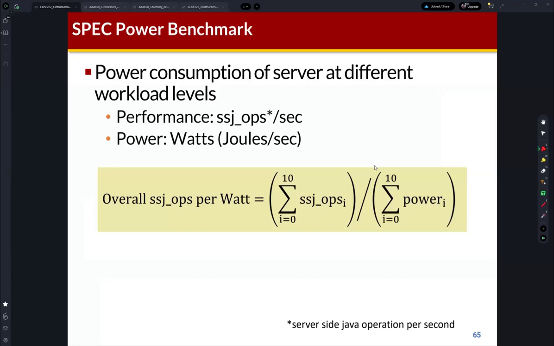We can measure the power consumption of our computer system by measuring the current level to the power supply machine. So we can run the SPEC Power benchmark application, and then we can measure the power consumption of a computer system.